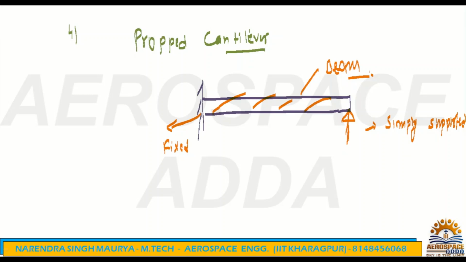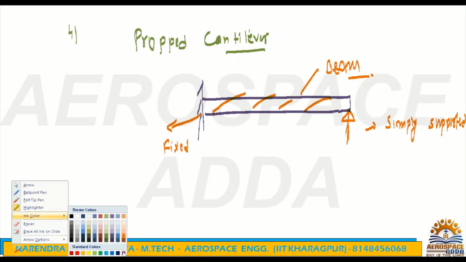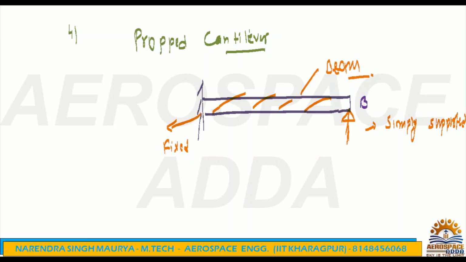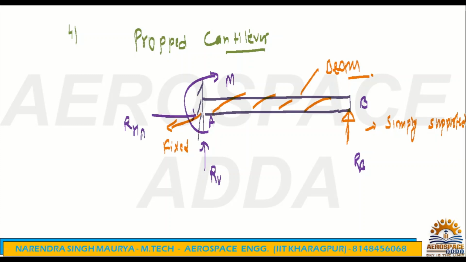Now how many reaction forces will you get? At this end you will get one reaction, RB. Here obviously you will have a resisting moment, the vertical RVA, the horizontal RHA, and the moment MA. So these are the unknowns for the propped cantilever.